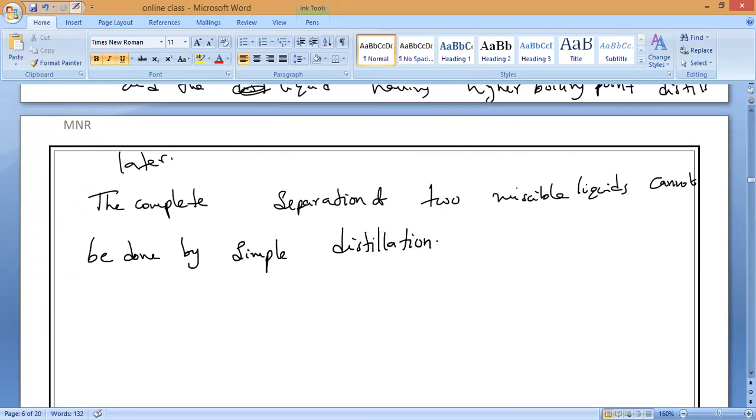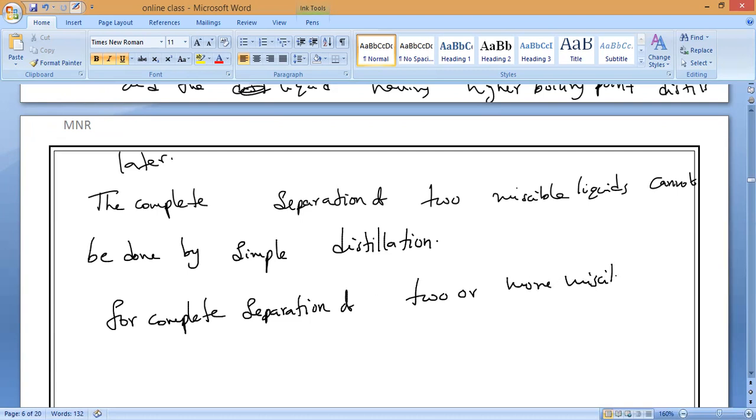So to separate two or more, which technique will we use? For complete separation of two or more miscible liquids.